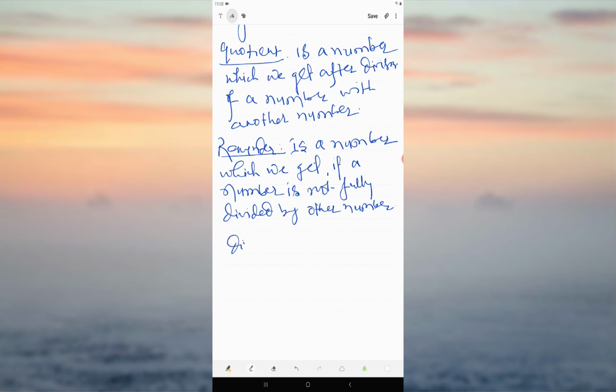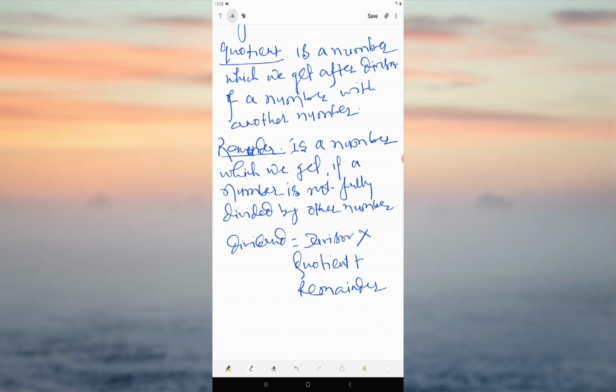So dividend equals divisor into quotient plus remainder. Simple. So dividend equals divisor into quotient plus remainder.